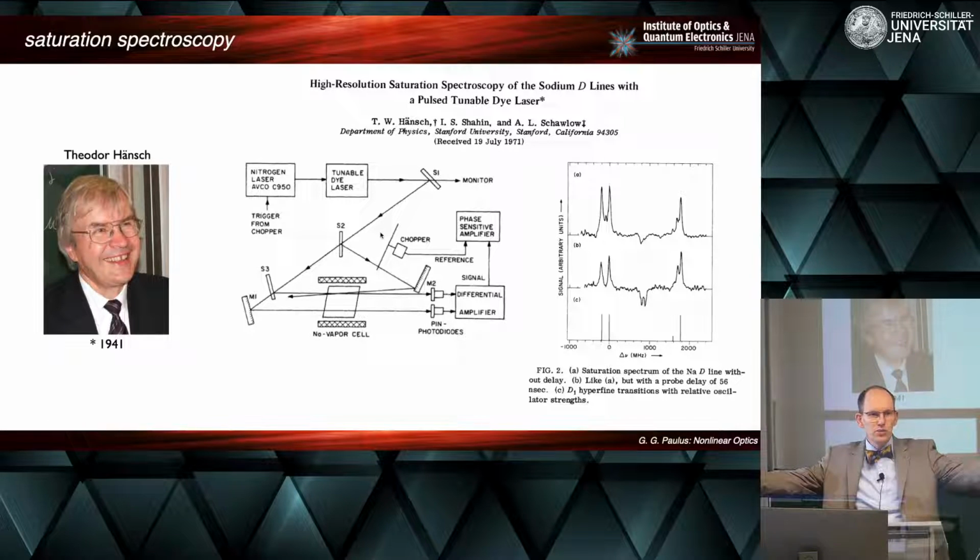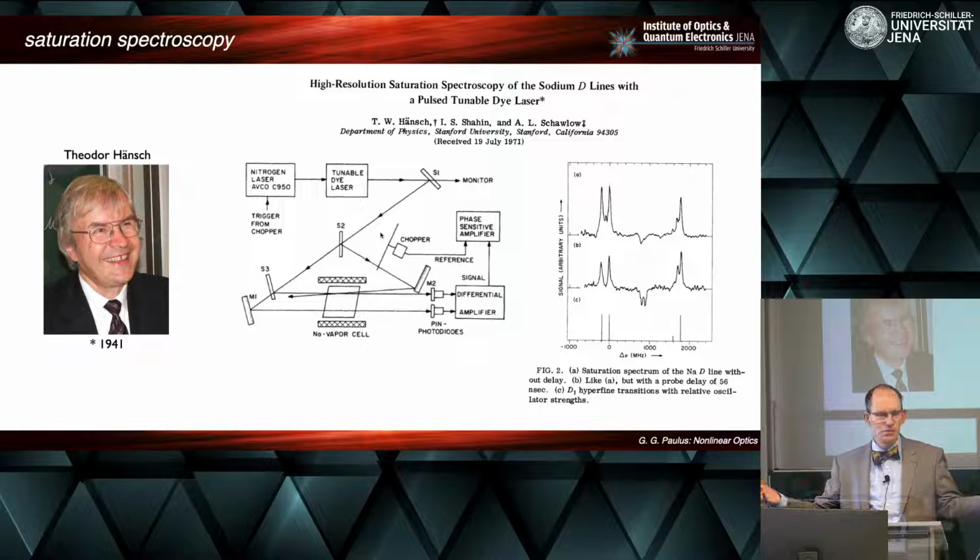And now you tune your laser through the resonance and record what the photodiode gives, right? And what you would get is, of course, the negative of the line, so you would see the absorption of this line. Yeah? But you would measure the inhomogeneously broadened line, so broad bandwidth.